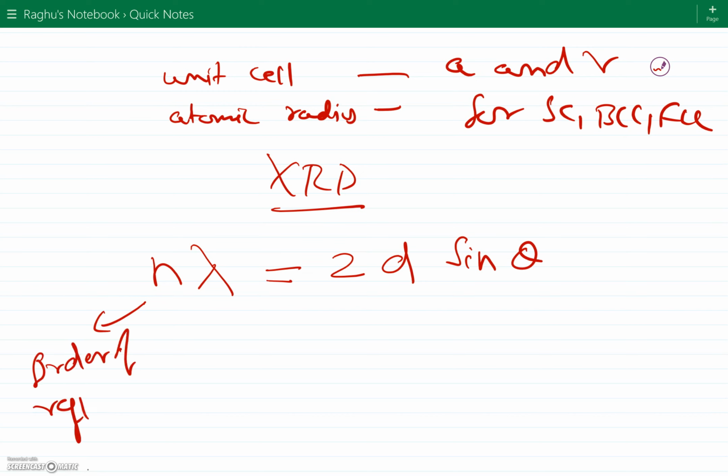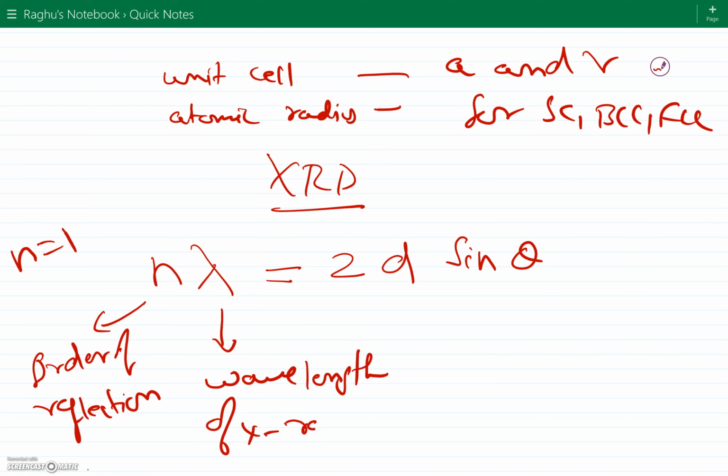It's first order in our case, which means n is always equal to 1. And this lambda is the wavelength of the X-ray. It's always given in angstrom, which is nothing but 10 to the power minus 10 meters, so you have to convert it.